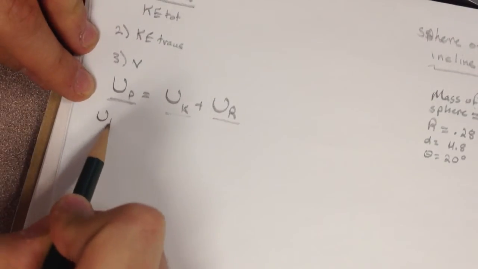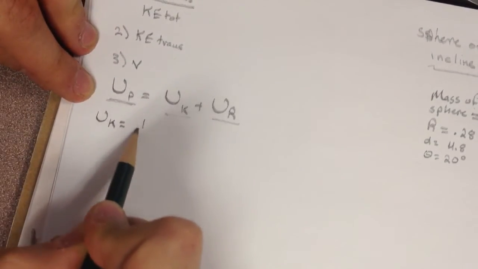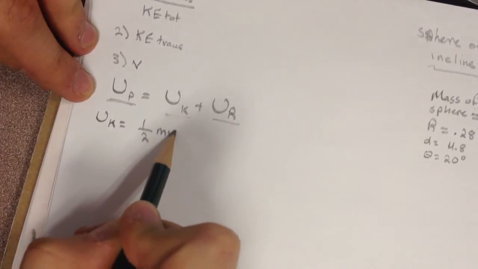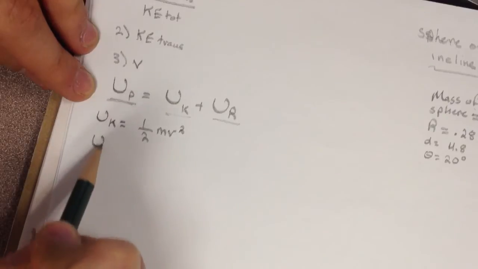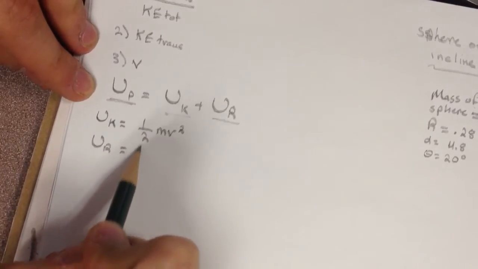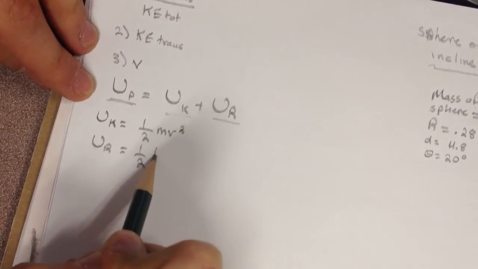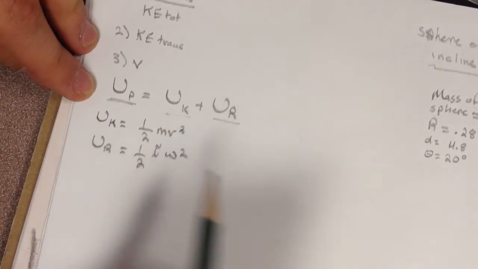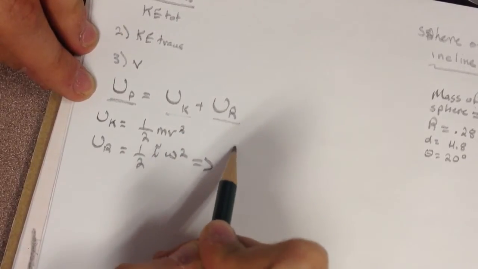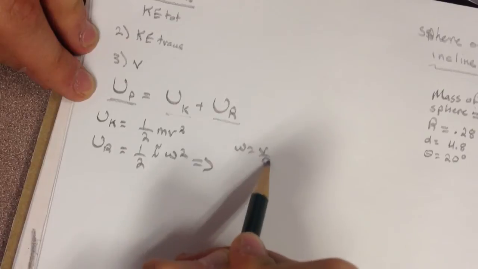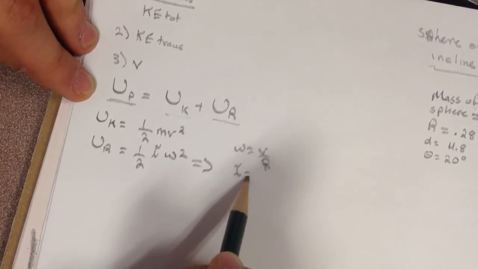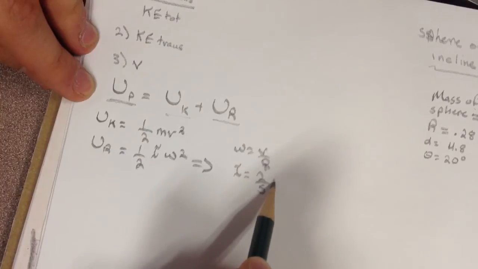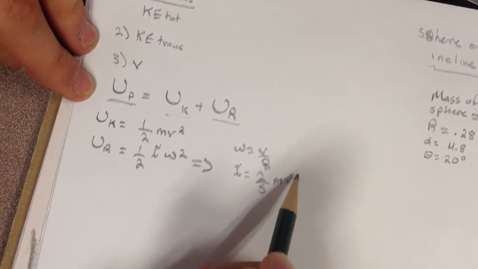So what is KE? KE is half mv squared. And KR is equal to half I omega squared, and we can change this since omega equals v over r. The I for the sphere, you have to memorize it as 2/5 mr squared.